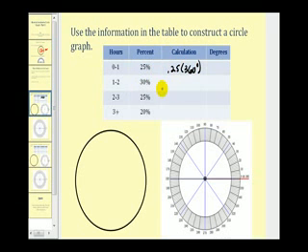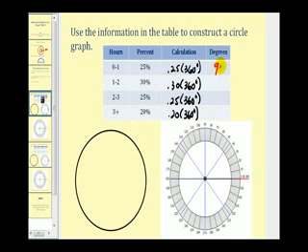For the second category, we want to determine 30% of 360 degrees. The third category would be 25% of 360 degrees. And the last category would be 20% of 360 degrees. Well, I know 25% of 360 degrees would be 1/4 of the circle, or 90 degrees. So this would be 90 degrees, and then so would the third category.